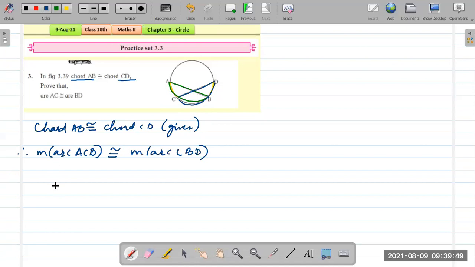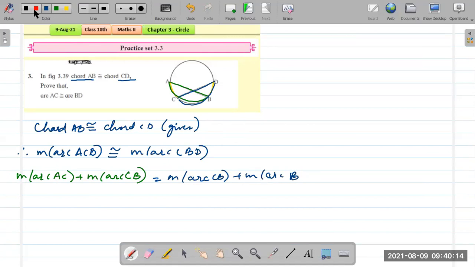Now look at this step very carefully. Look, the green one, ACB, that is arc AC plus arc CB. Now look at the blue one. The blue one is CB, the measure of arc CB plus the measure of arc BD.